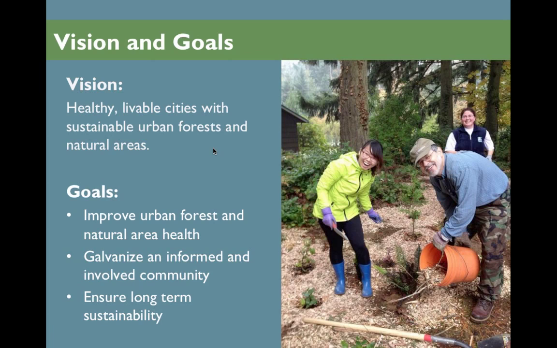And to do this, we've created community-based restoration programs. So our goal is to make sure that we are creating an informed and involved active community around our forested parks and natural areas. And because maintenance is so key, we need to make sure that we're ensuring that we create a sustainable program that will last into the future.